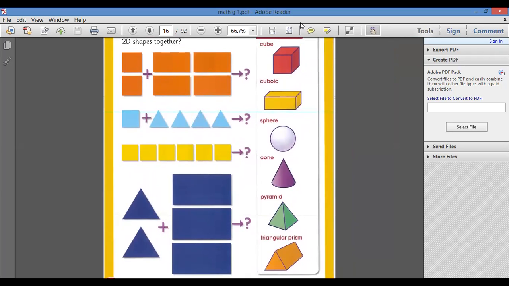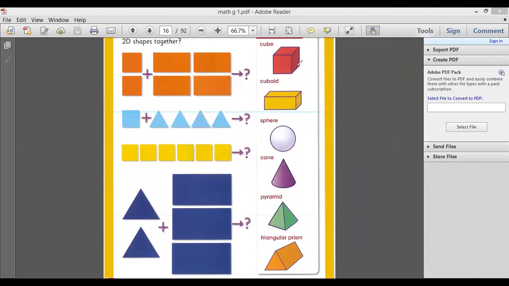So the first one is, first I'm choosing a red color. Two squares plus four rectangles, which shape does it make? You tell me, boys.